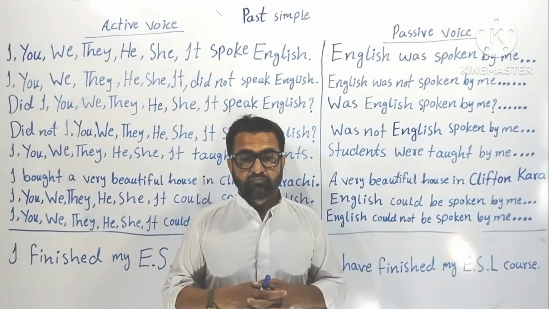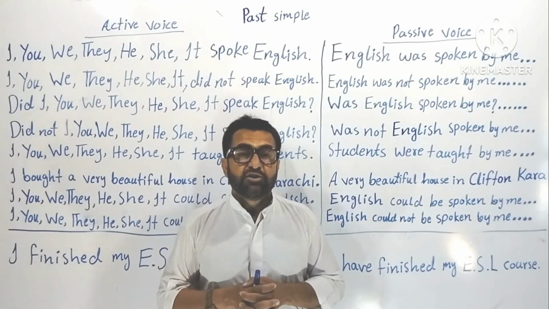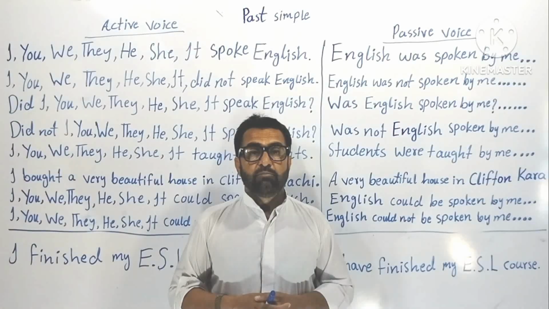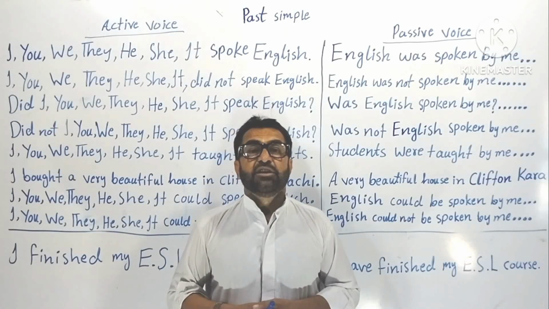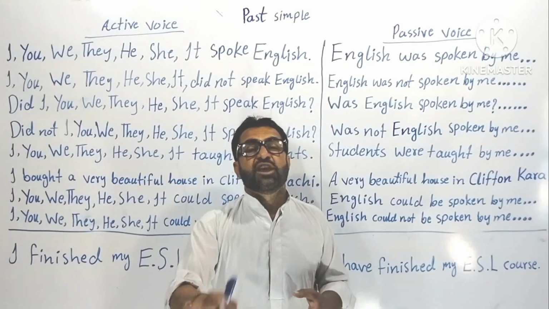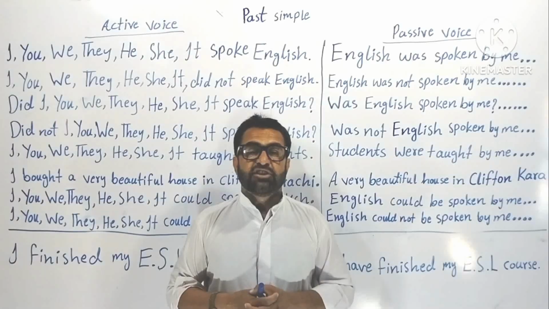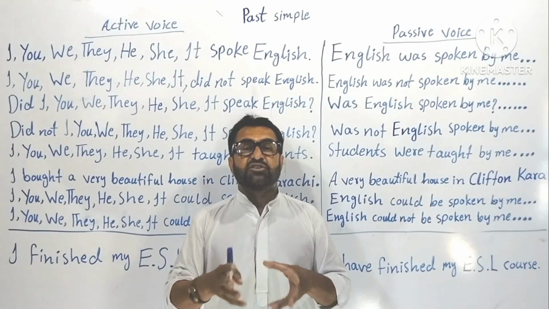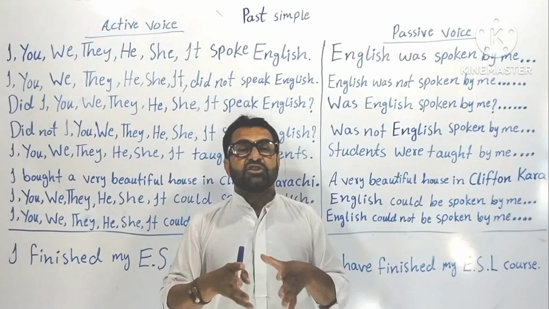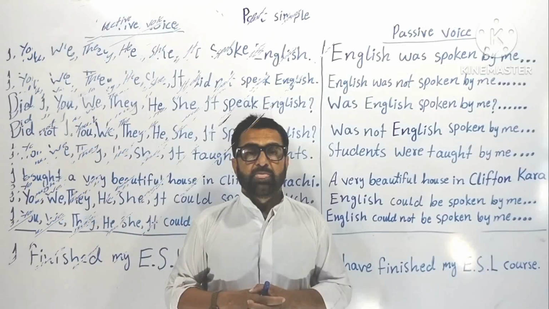Understood? When we want to mention the name of the doer, the subject, then we use active voice. But when we do not want to mention the name of the doer, then we use passive voice sentences.